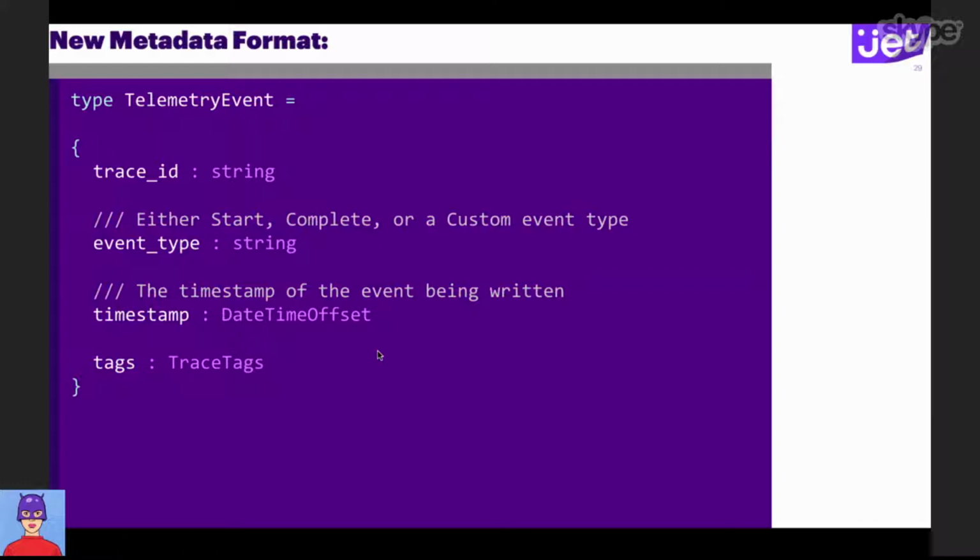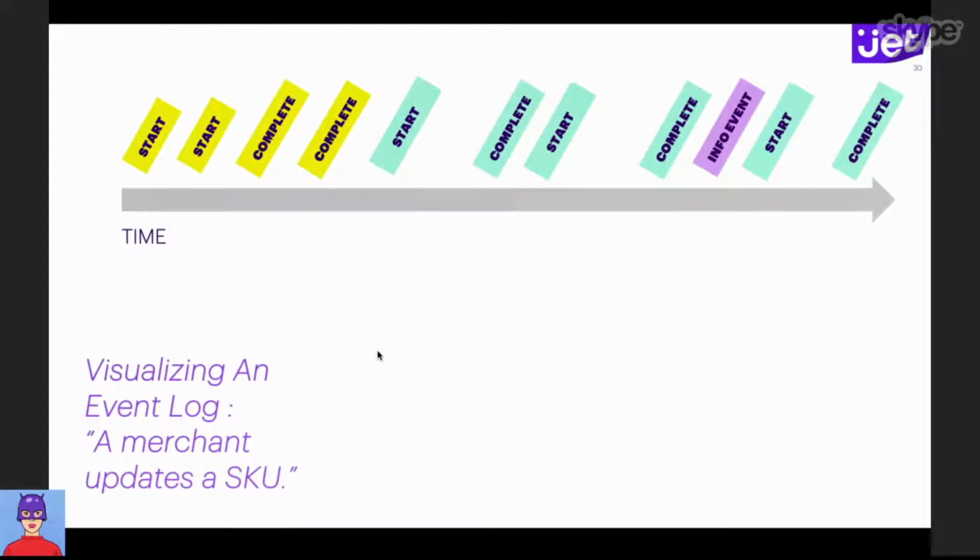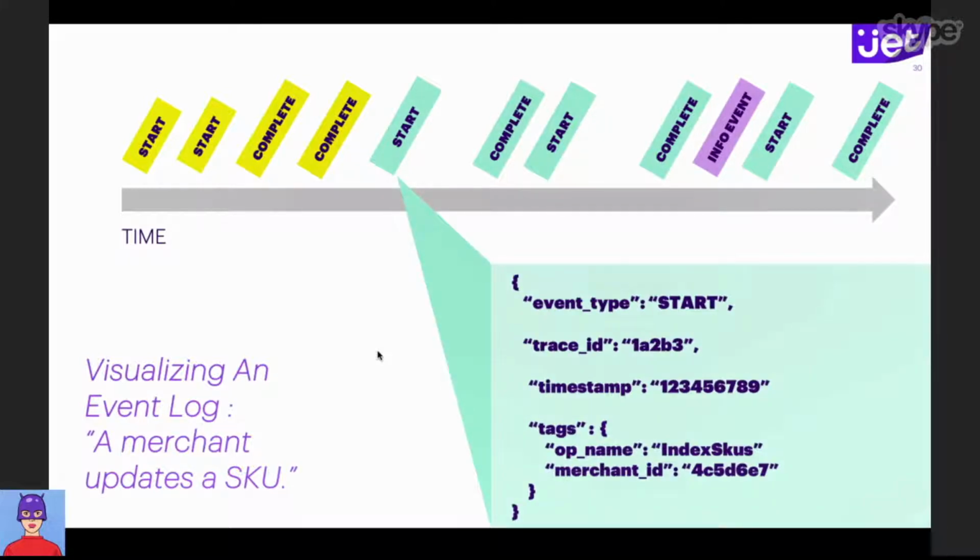So that was a great way to get around that issue. And remember, this is kind of how this relates, just to cement this home. This tracing telemetry type is basically inside that start event. So that's kind of what that structure might look like if we're trying to answer, show me which merchant had a failure, right? A failure is represented as a complete without a start.